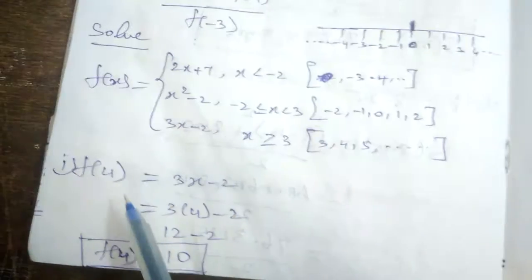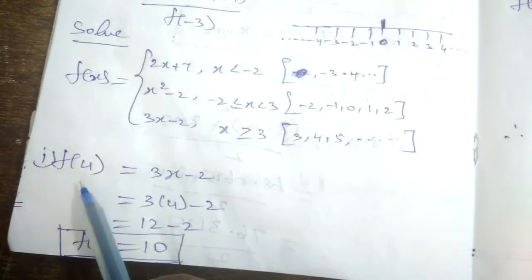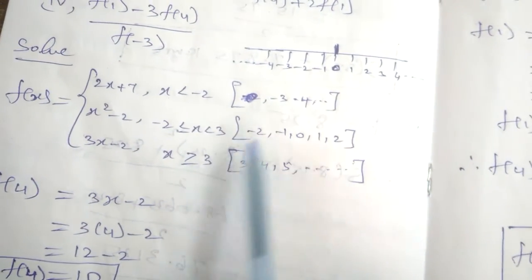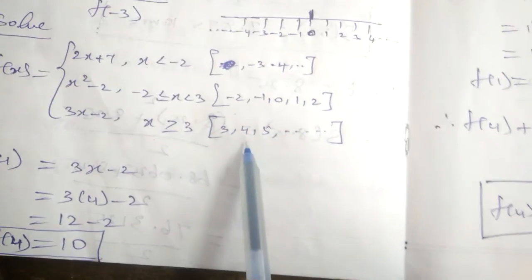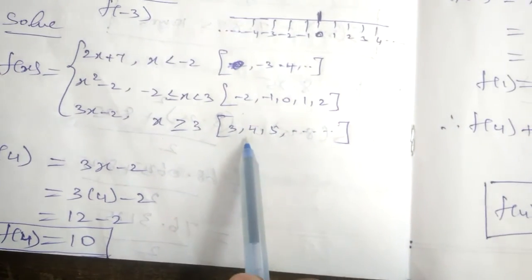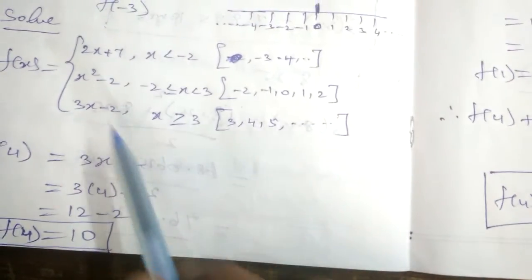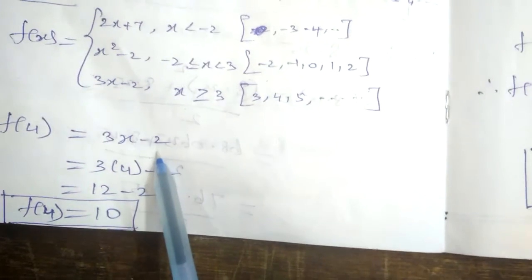Now go to the very simple questions. First question, f of 4 equal to, where is the 4? The 4 lies on this part. So what is this? 3x minus 2. We take 3x minus 2.